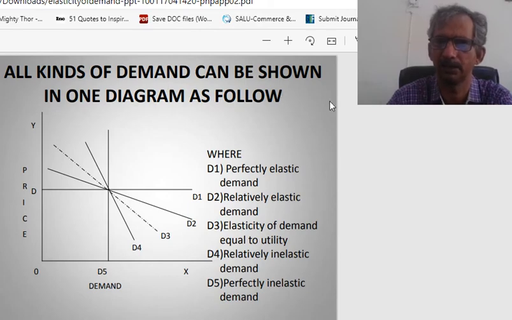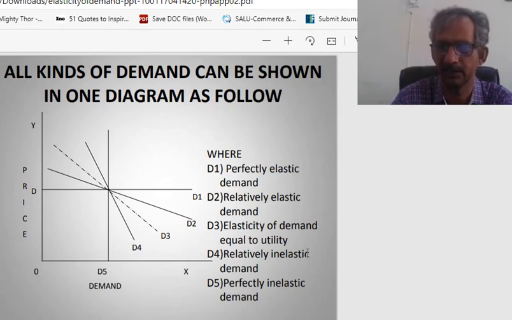And all kinds of demand can be shown in one diagram. You can see here the price and the demand, where D1 is the perfectly elastic, a horizontal line. D2 is the relatively elastic, a little sloping line. Then elasticity of demand equal to unity or unit elastic, with equal change, one step higher and one step backward.